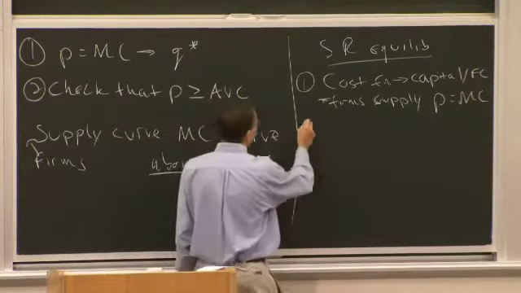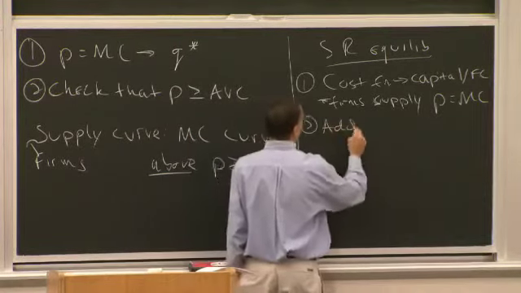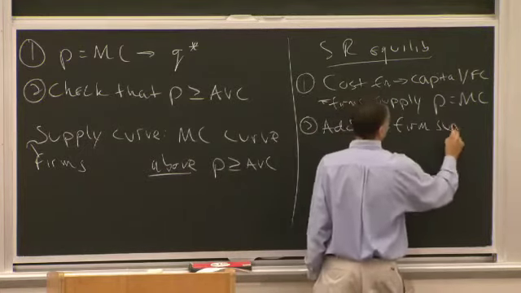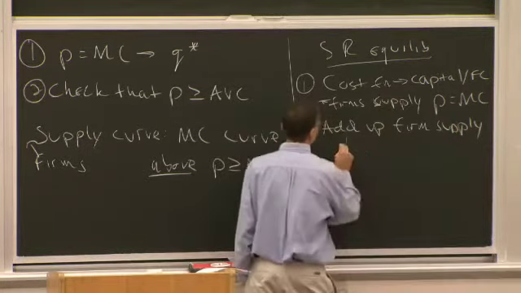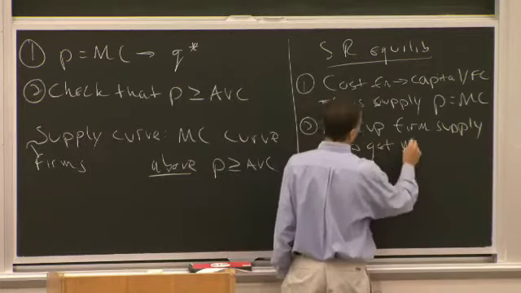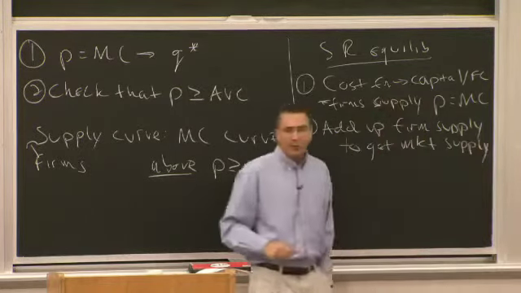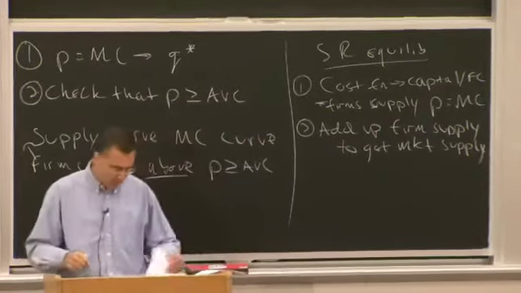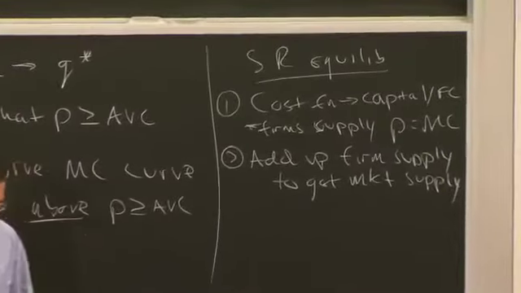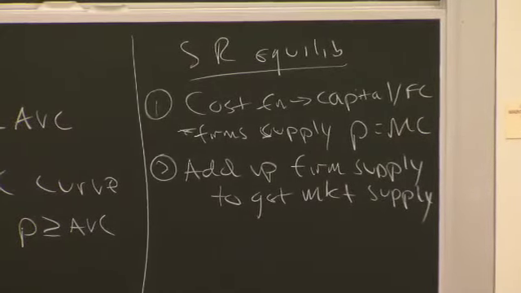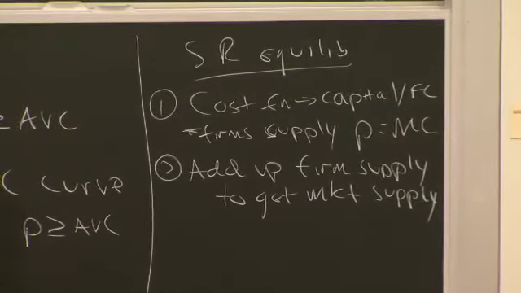The second step is we're going to add up the firm supply curves to get a market supply curve. So for example, suppose that there's 5 firms in the market.